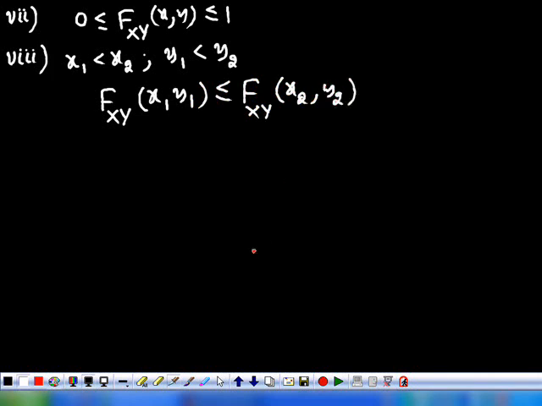We already know that Fx of x1 is less than or equivalent to Fx of x2 when x1 is less than x2. Here x1 is less than x2, y1 is less than y2, then Fxy of x1 comma y1 and Fxy of x2, y2 satisfy this condition. This indicates the joint CDF is a non-decreasing function of both x and y.